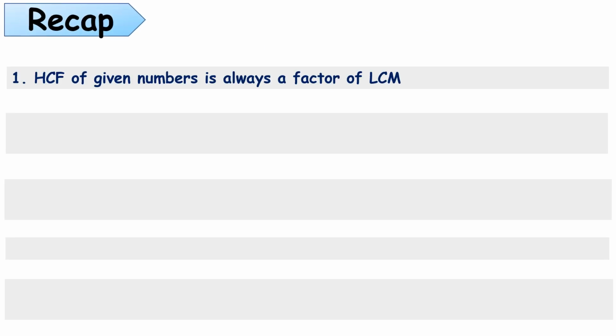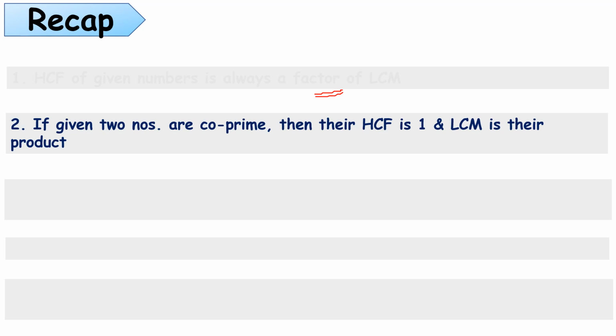So let's have a quick recap of all the facts of HCF and LCM. HCF of given numbers is always a factor of LCM. If given two numbers are co-prime, then their HCF is 1 and LCM is their product. And what do we mean by co-prime? Co-prime numbers are numbers that have only 1 as a common factor.